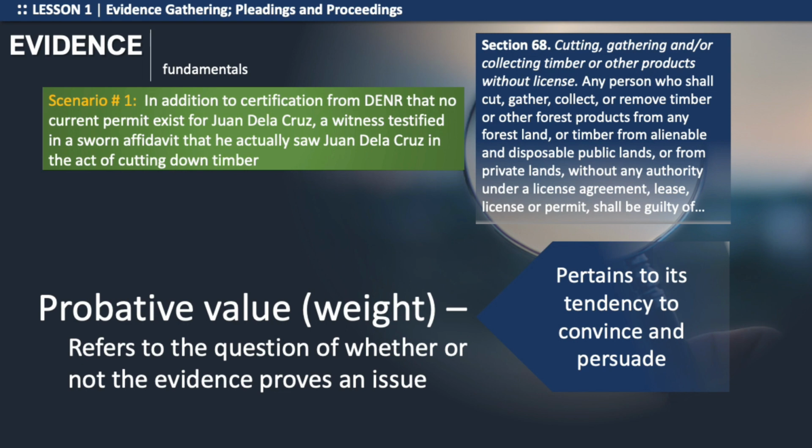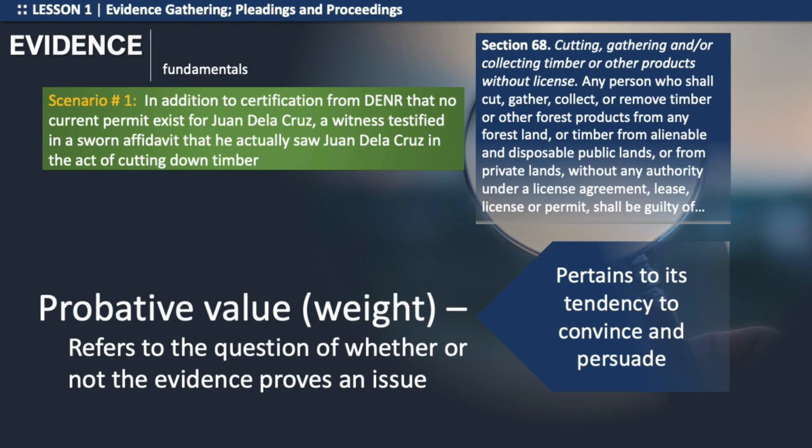So based on those two pieces of evidence, we can conclude that there appears to be a violation according to this offense, right? The elements do coincide, because there is no permit, that's the qualifier, and the act here was cutting timber without a permit.